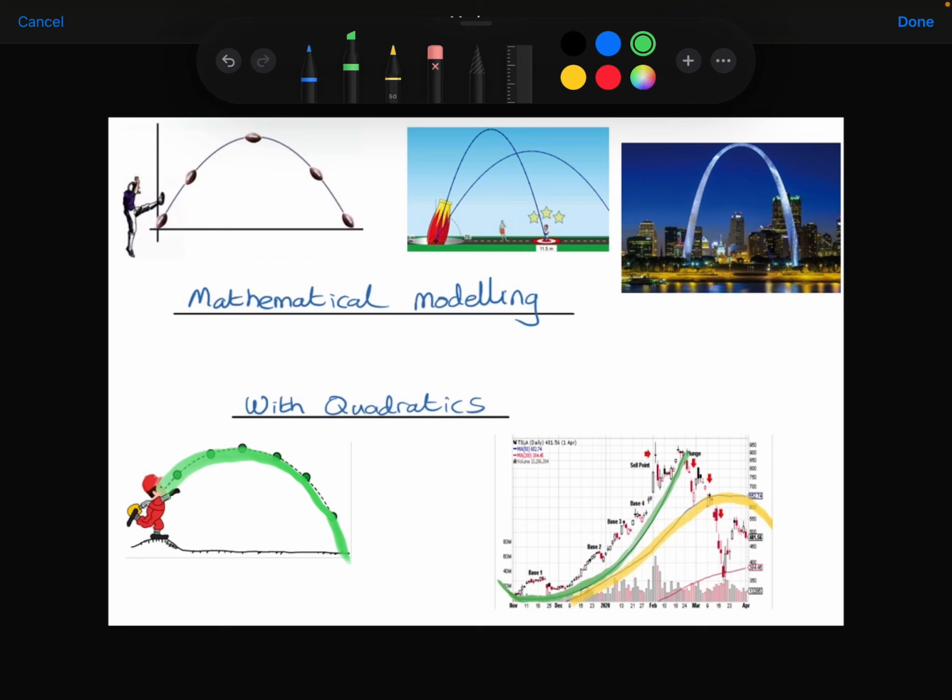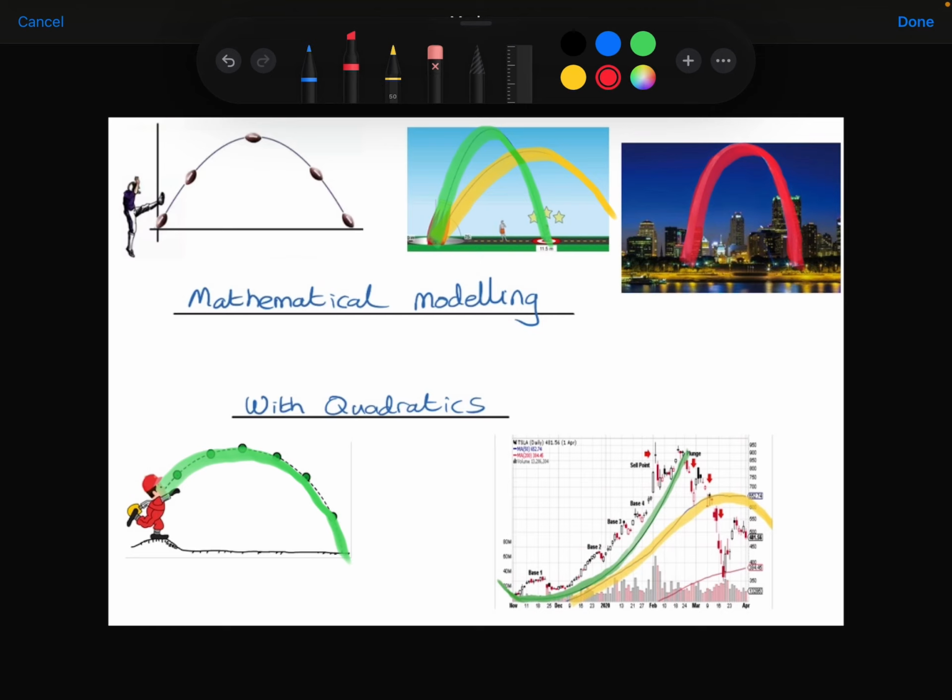If I was interested in whether I should fire a cannon at this angle or at this angle, we could start to investigate that with quadratic equations as well. Or if you're interested in engineering or architecture and we wanted to examine this building here, we could do that with a quadratic equation possibly.